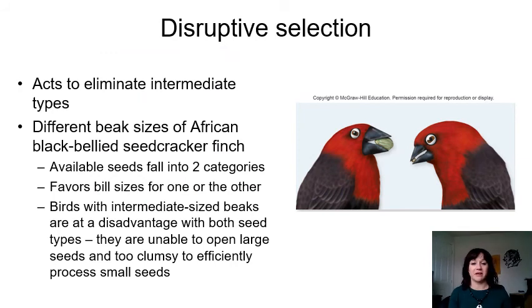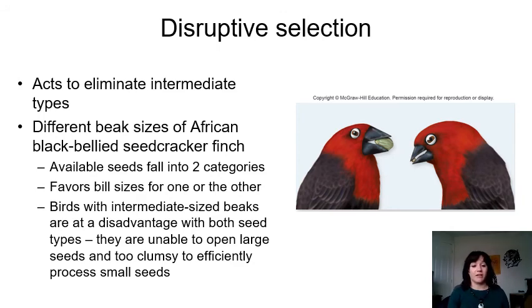Let's look at another example of disruptive selection, but not in body size, but in beak size. And I think I've given this example before. So in the environment of the African black-bellied seedcracker finch, the food that they eat is seeds, and in that environment, seeds come in just two sizes, big or small, right?